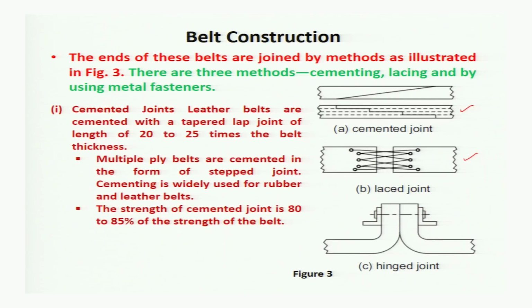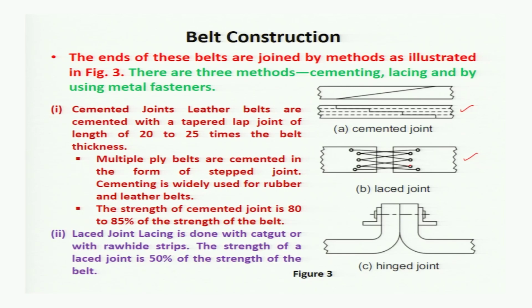The cemented joints in leather belts are cemented with a tapered lap joint of length 20 to 25 times the belt thickness. Multiple ply belts are cemented in the form of stepped joints, like this is the first, then second and third, like that. The strength of a cemented joint is 80 to 85% of the strength of the belt.